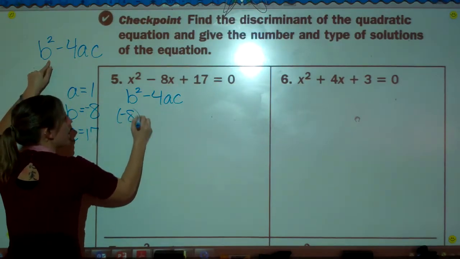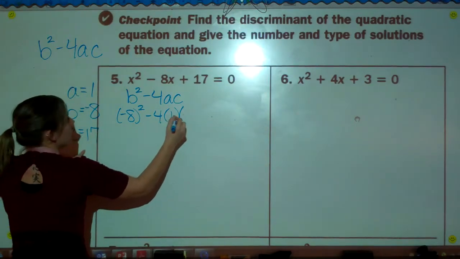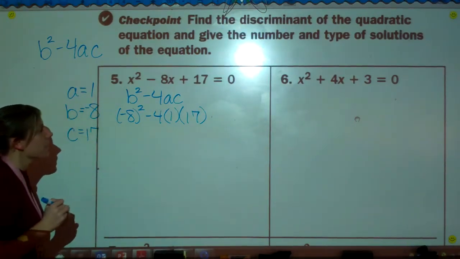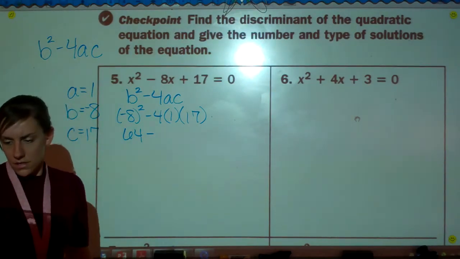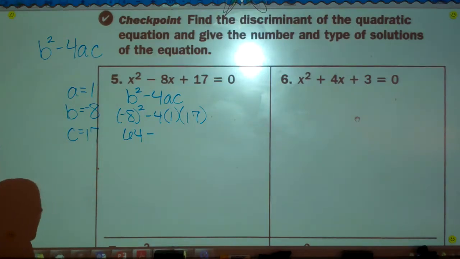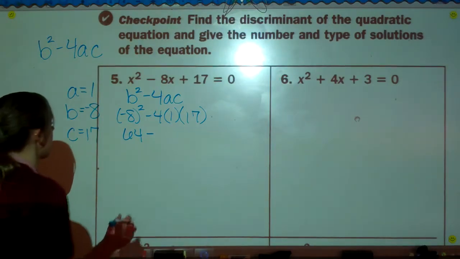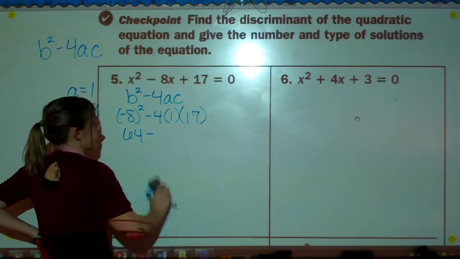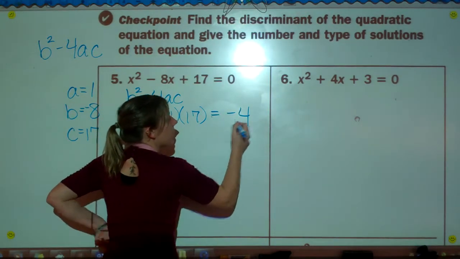So that's negative 8 squared minus 4 times 1 times 17. So that's 64 minus 4 times 1 times 17. And I'll just say 64 minus that is negative 4.